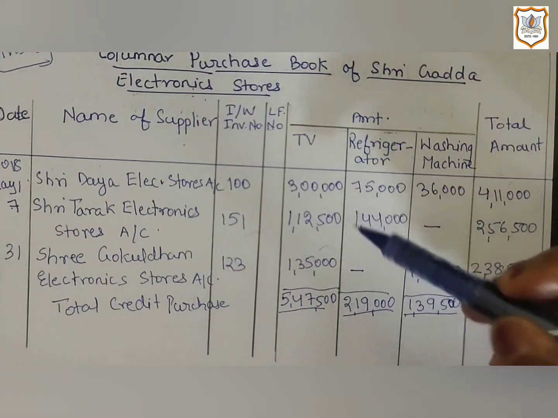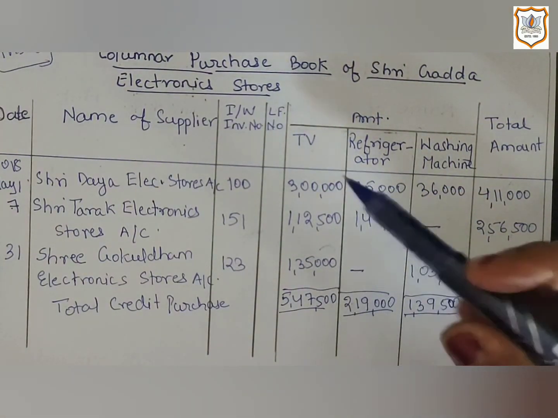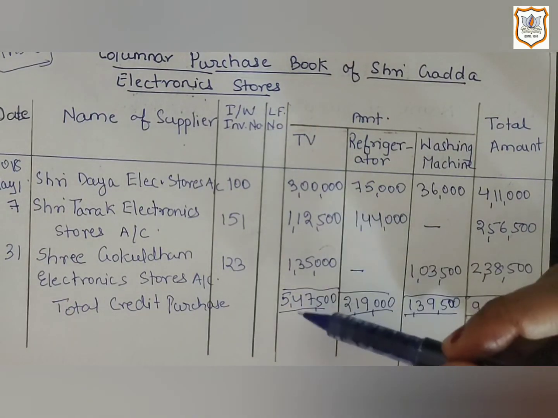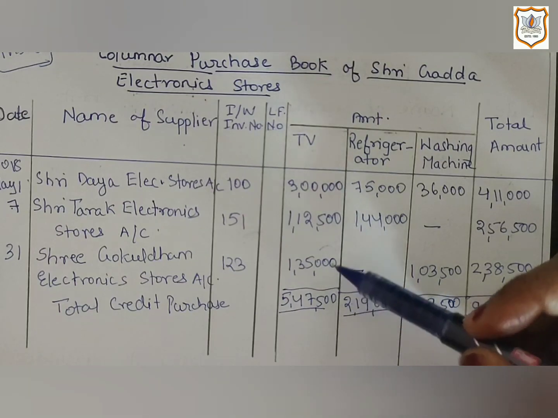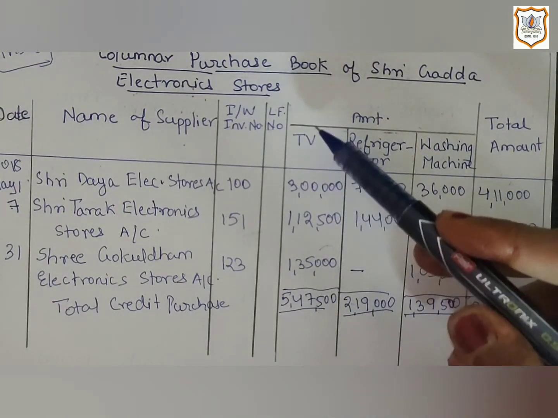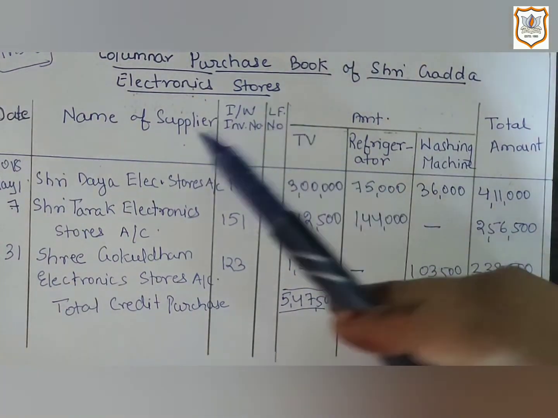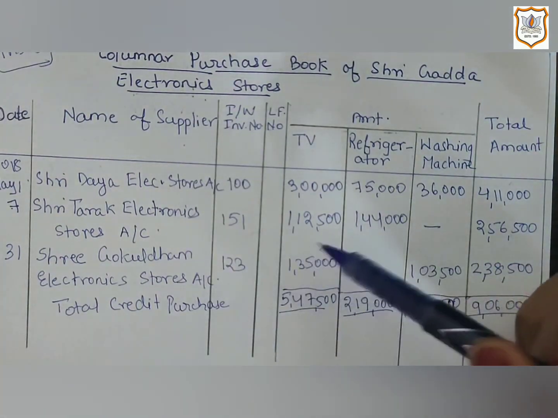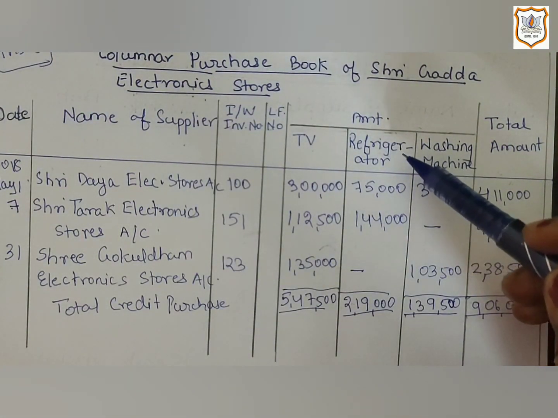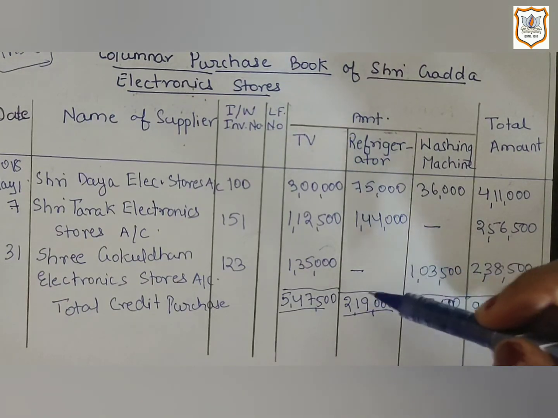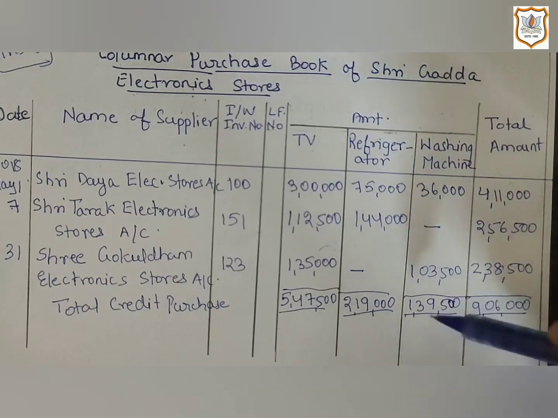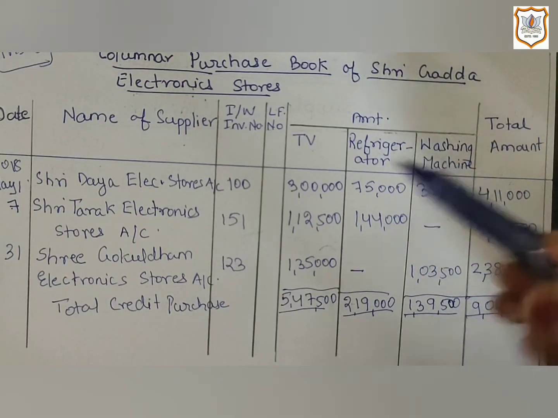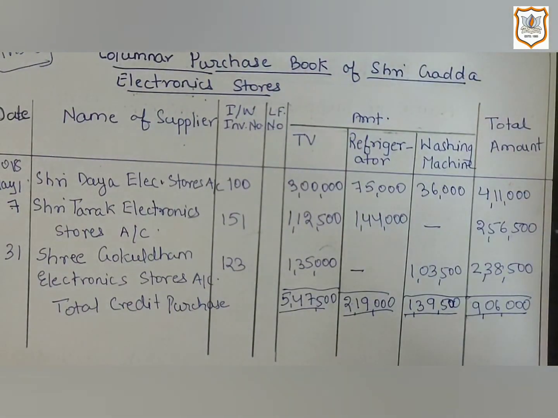And goods wise also we can get a clear idea that here total 5,47,500 is the amount that we have to pay for TV sets to different suppliers or creditors. Then for refrigerators, we have to pay a total amount of 2,19,000, and for washing machines we have to pay a total amount of 1,39,500 to different suppliers or creditors.